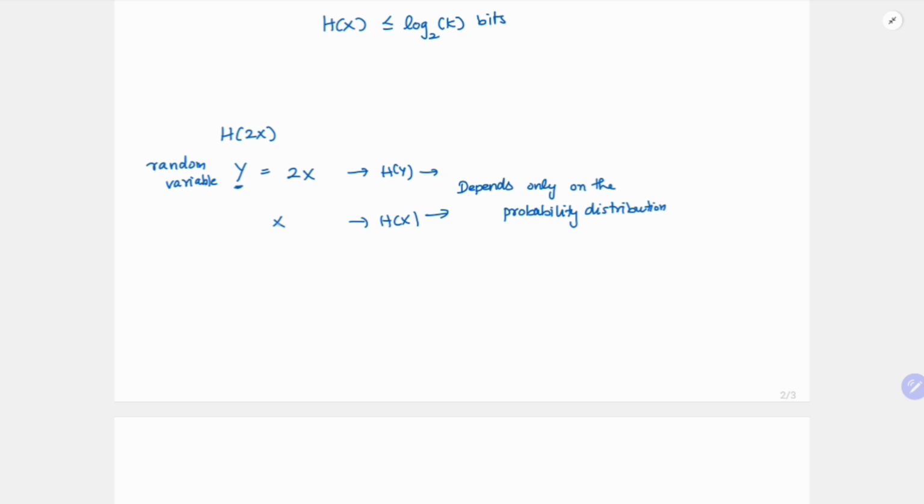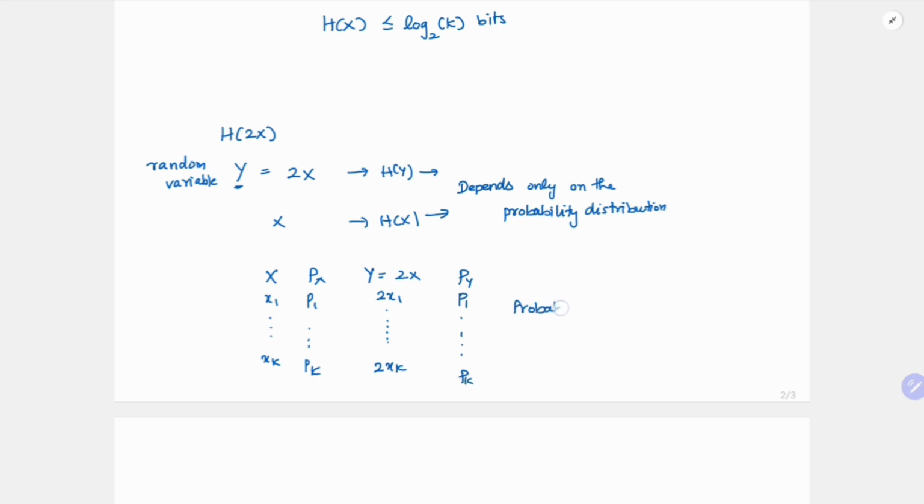So here we said x takes values x1 to xk, with probabilities p1 to pk. Now you are transforming it to y equal to 2x. So what are the values y can take? It can take 2x1, 2x2 to 2xk. And what is the probability? Probability is going to remain the same because it is a 1-to-1 map.